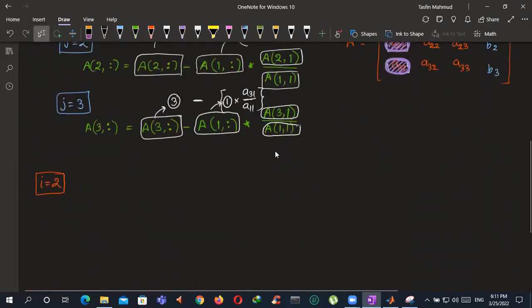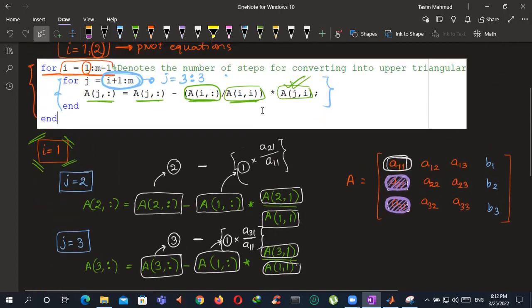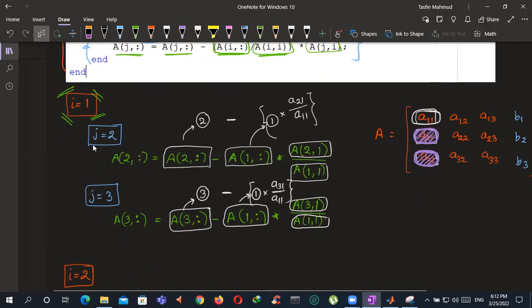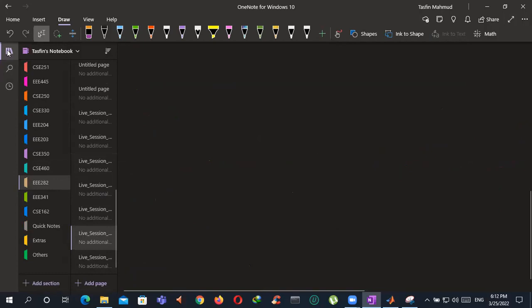So the value of j would be 3. So I guess you are having a feeling what would happen now. If I just copy this thing, we are going to eliminate these elements now. It's A32. And for eliminating A32, our pivot equation was the second one.